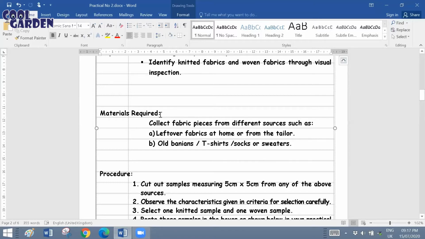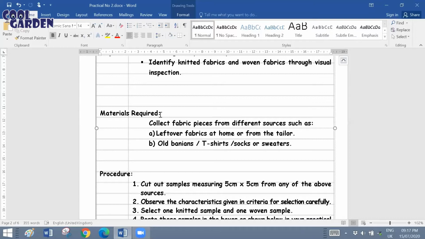To collect them, you can get some fabrics from your home which are not being used. Or you can visit a tailoring shop, which is actually the best option because they'll have a lot of leftover fabrics there. Knitted fabric and woven fabric, you can collect from them.